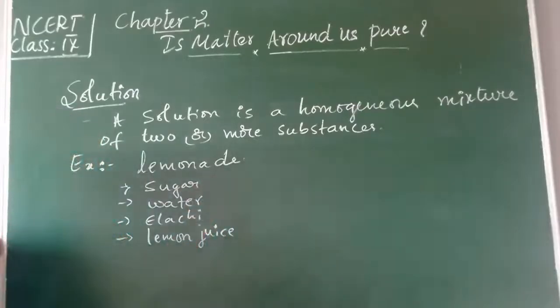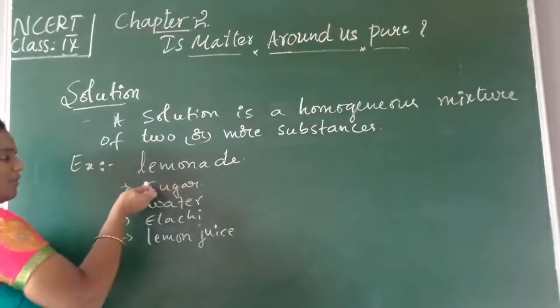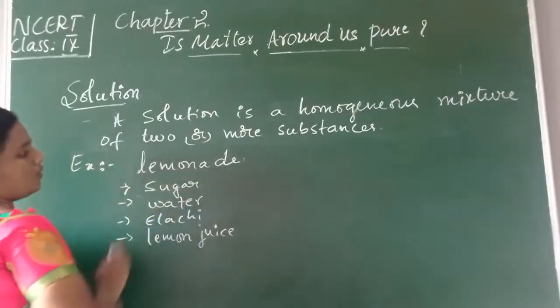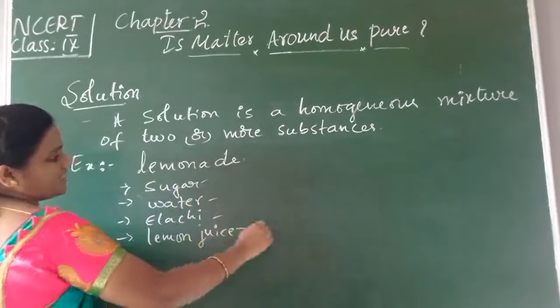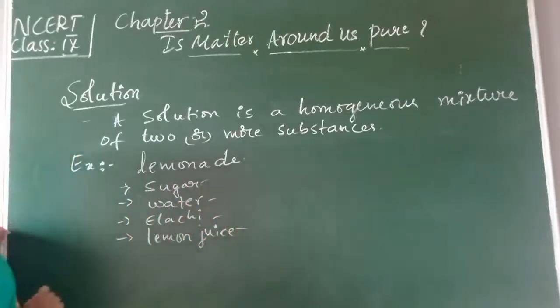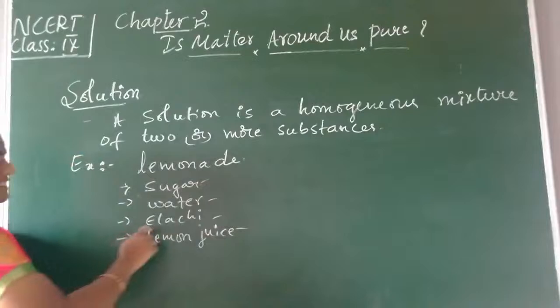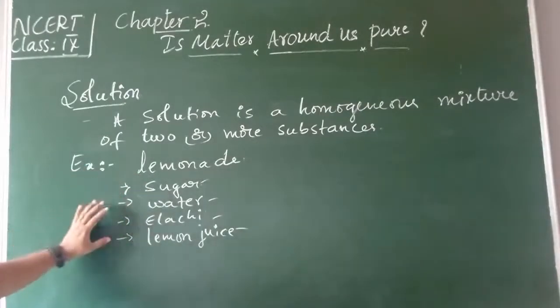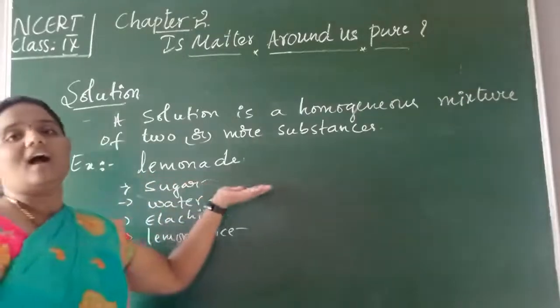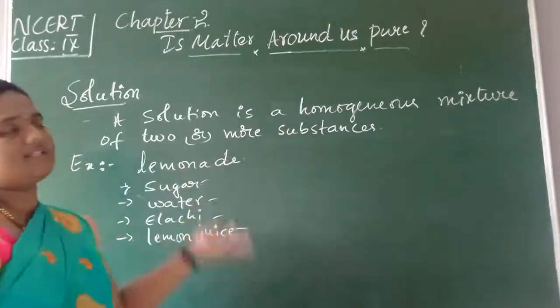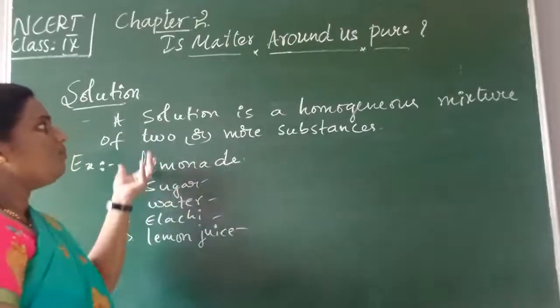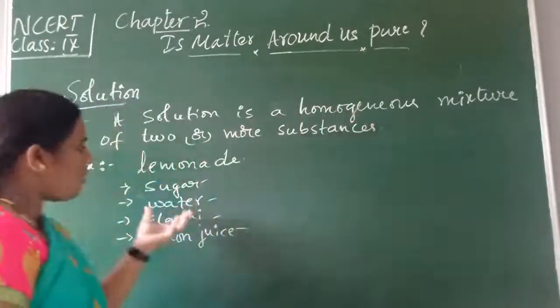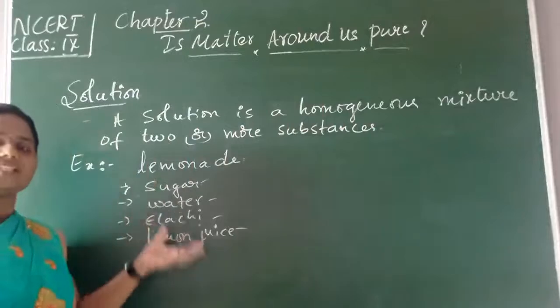Here, the ingredients needed to prepare lemonade contain many substances. Sugar is one substance, water is another substance, ilachi powder is one more substance, and lemon juice is also a different substance. When you combine all these different substances, you get a thing called lemonade. Here it is a homogeneous mixture, meaning all these things are mixed uniformly.